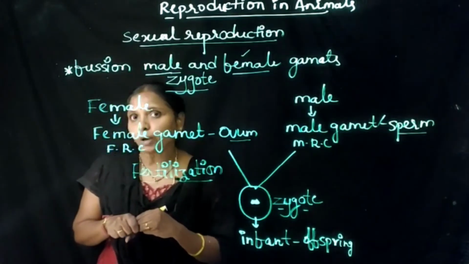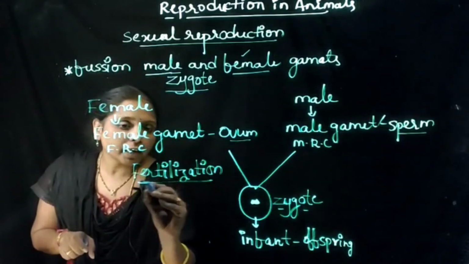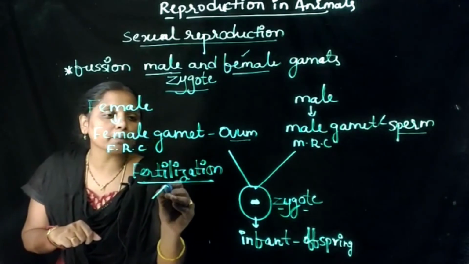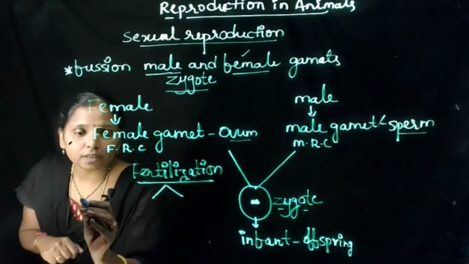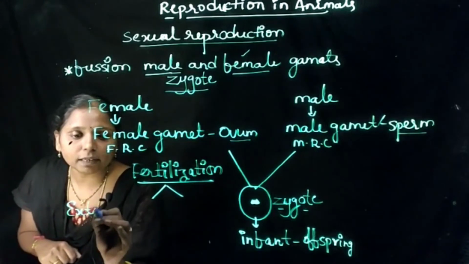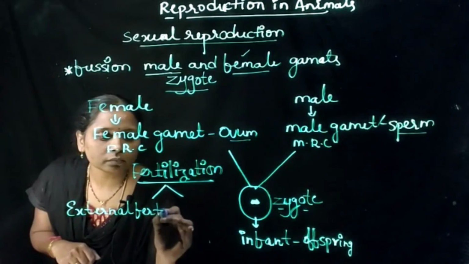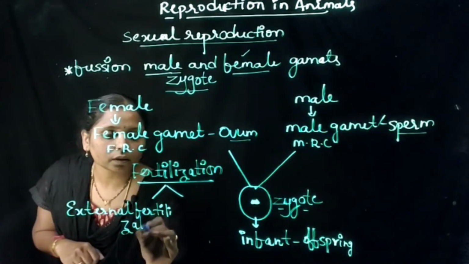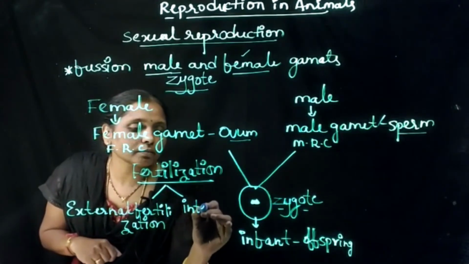One thing we have to learn about here is fertilization. Majorly, fertilization is divided into two types. The first one is external fertilization, and the second one is internal fertilization.